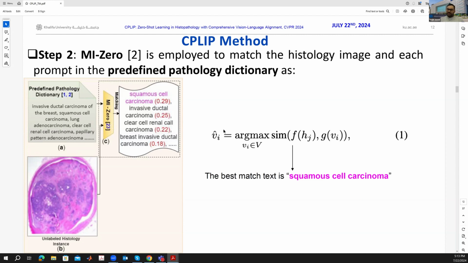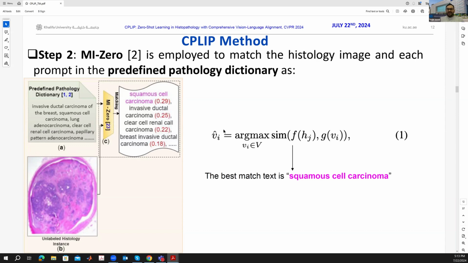The first step is to match the unlabeled histology image with any of the keywords in your dictionary, which can be computed using the cosine similarity by utilizing an existing vision language model, such as MI0, which we have employed here.